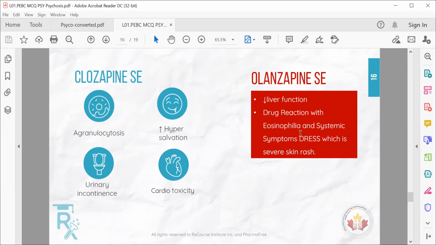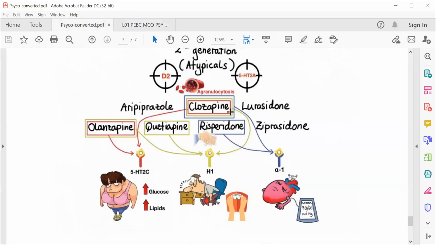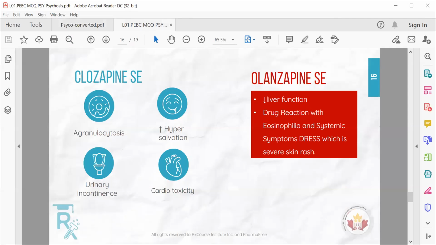Okay, how about Olanzapine? We already discussed the side effects of Olanzapine, but to remember, in addition to what we mentioned here in this graph, like increase in weight, glucose and lipids, and also sedation, it decreases the liver function, okay? And it's associated with something called DRESS. It's a kind of severe skin rash.